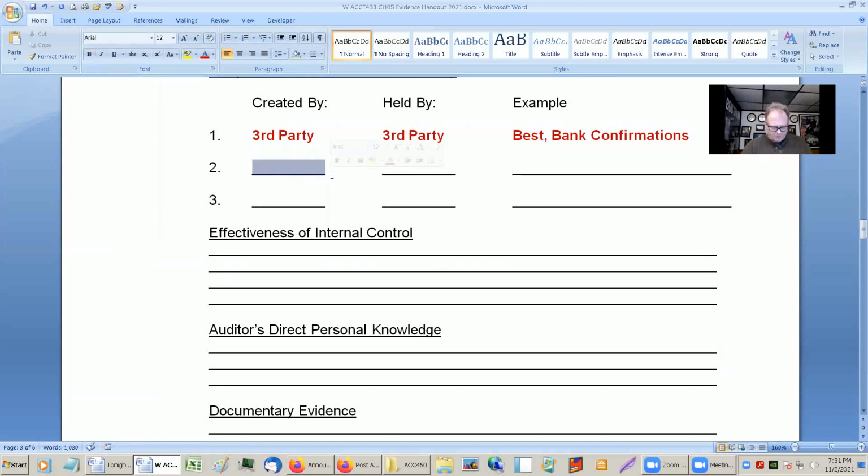Next best evidence. Third party created, held by the client. Example, an accounts payable statement.